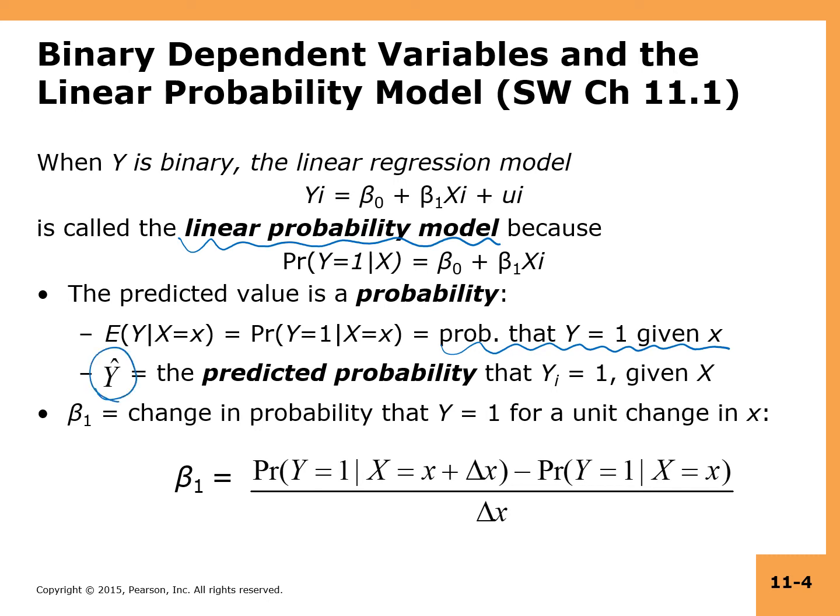When we estimate y hat, it's called the predicted probability. In other words, we're trying to predict the probability of a person getting denied given certain particular characteristics. The coefficient of interest measures the impact on the probability that y is equal to 1 for a unit change in x.